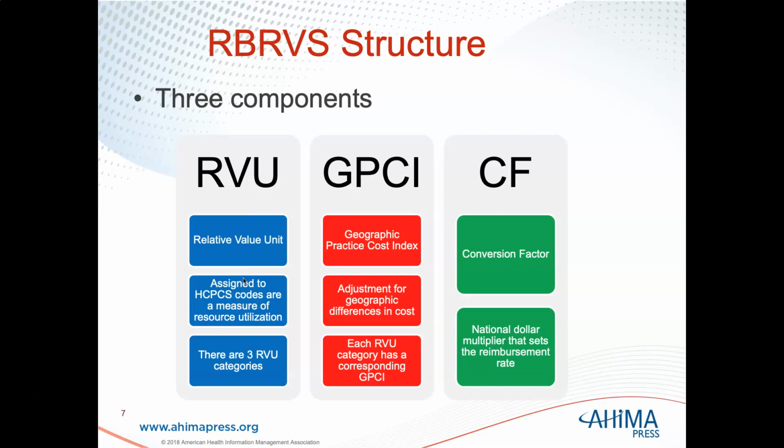There are three RVU categories, and we will get into what those are shortly. The RVU categories are physician work, physician practice expense, and professional liability insurance. So make sure that you're aware of that.